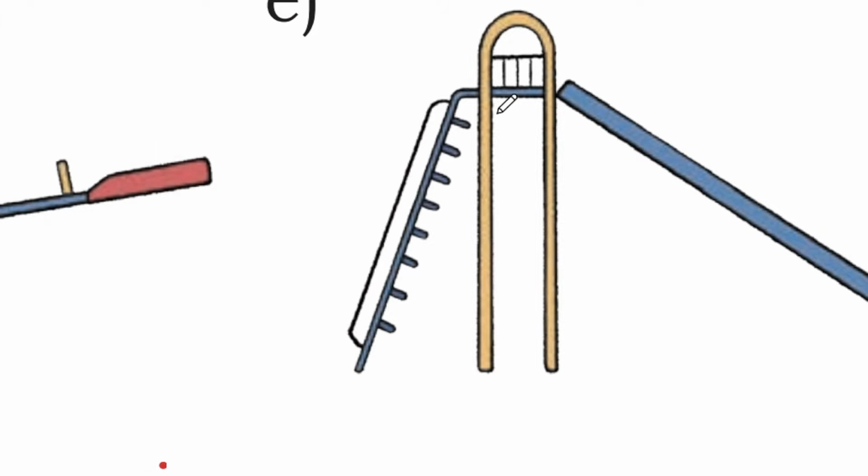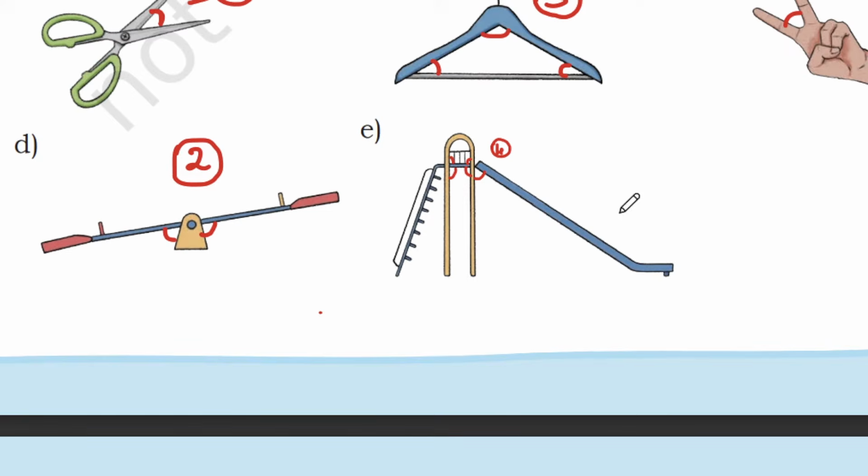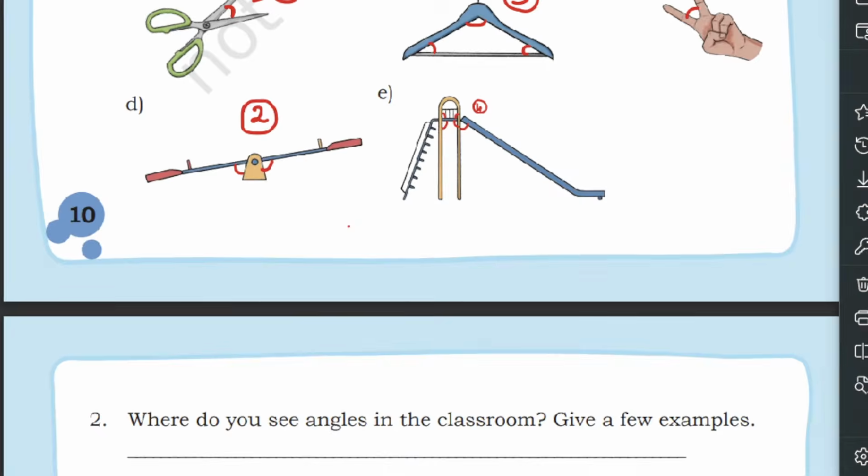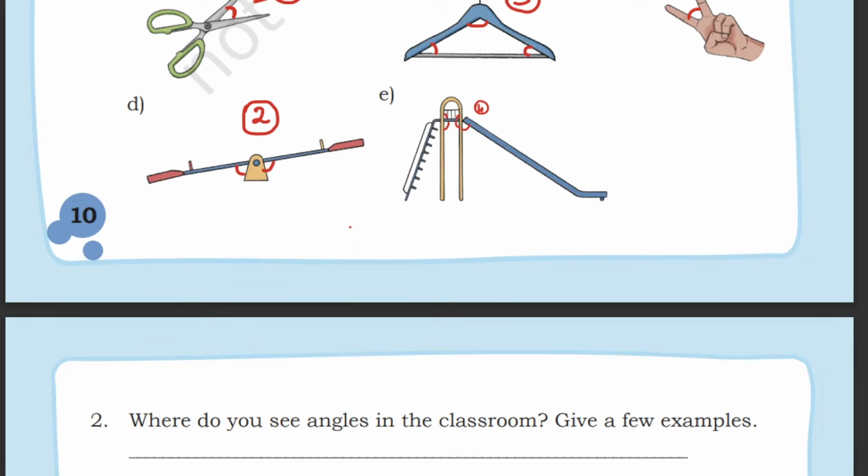Okay, now I will draw. So we have one angle here and another one here, another one here, and on top also we are able to see an angle here, here. So where else? Here there is a slight bend, so we cannot make an angle here. So we totally have 4 angles. Okay. Let's see whether you can find a few more angles, students. If you find a few more angles, it is well and good. Okay. So next.